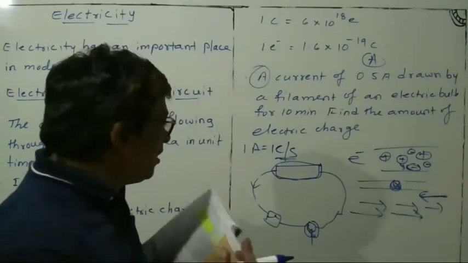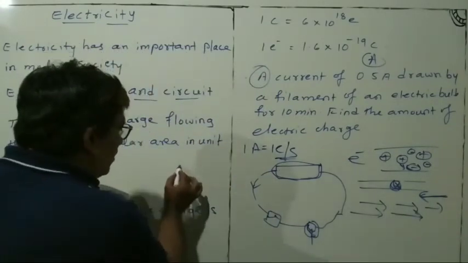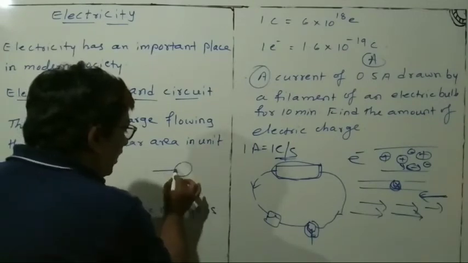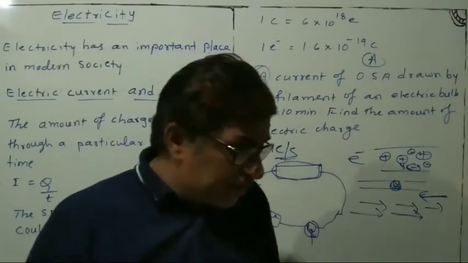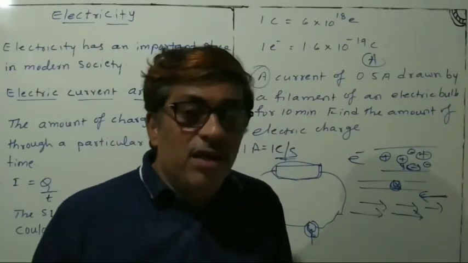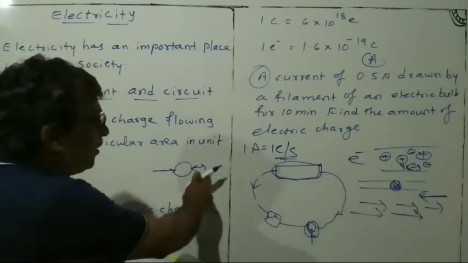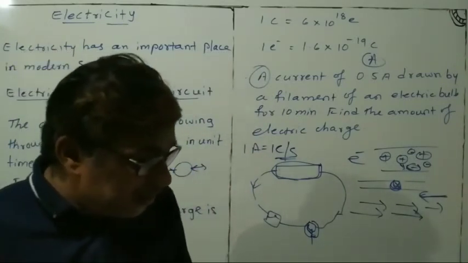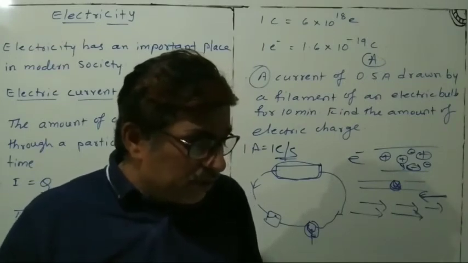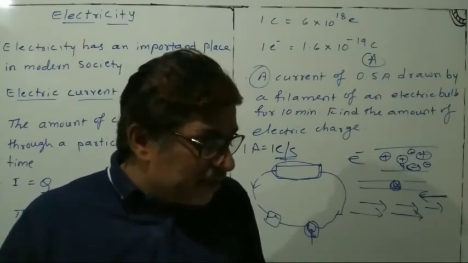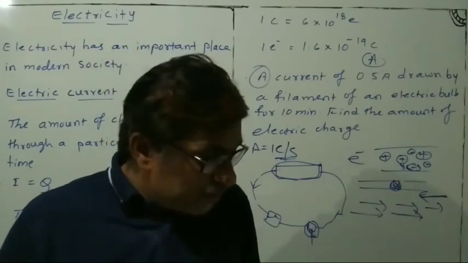You will learn about series connection and parallel connection in the next video. It is always connected in series in a circuit through which the current is to be measured.